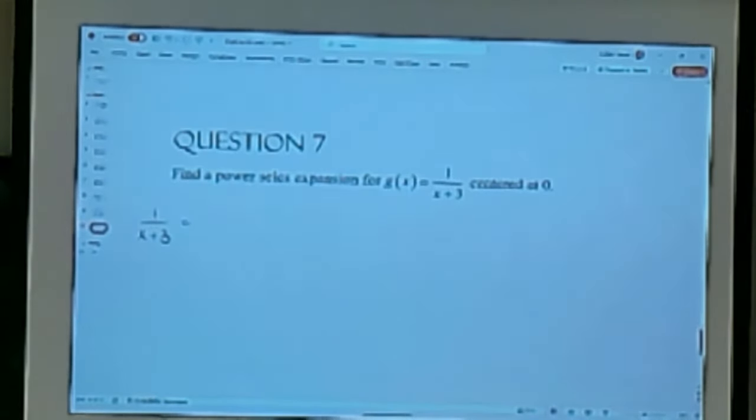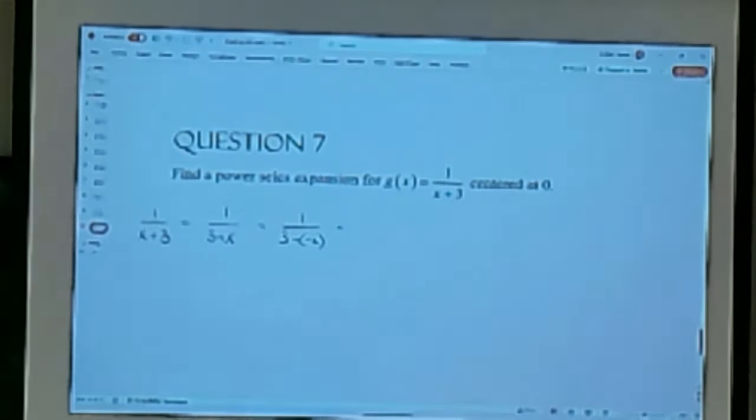Well, first, it seems obvious, but just flip the order. It is 3 plus x instead of x plus 3. But we want it to be minus, right? We want 1 minus, don't we?